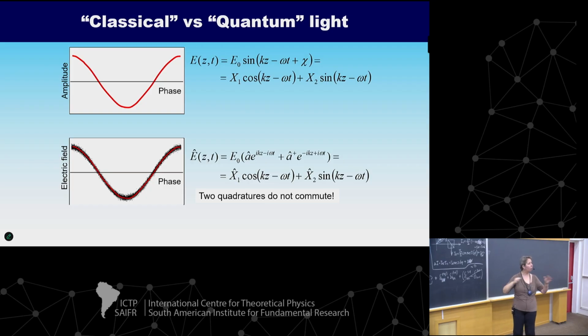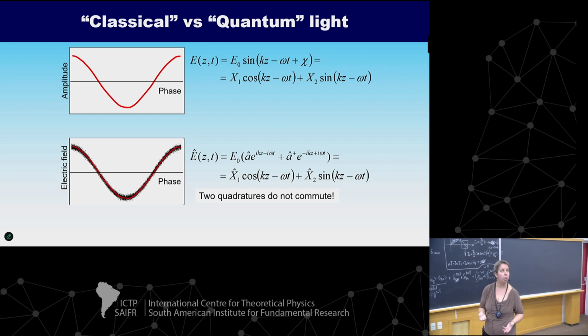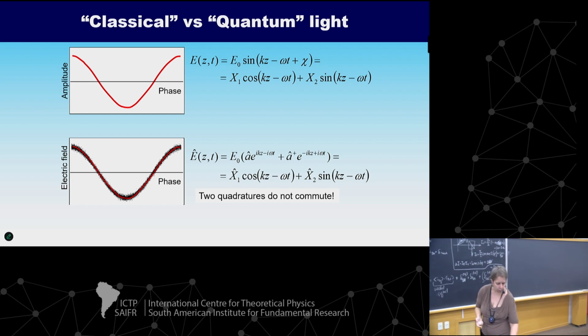That's how all the propagation behaves. But A and A dagger tell you that you can only create photons in given amounts of energy. So that's your particle part. Of course, we can write it down in terms of the quadratures, and you can see that quadratures are going to be combinations of A and A dagger together.